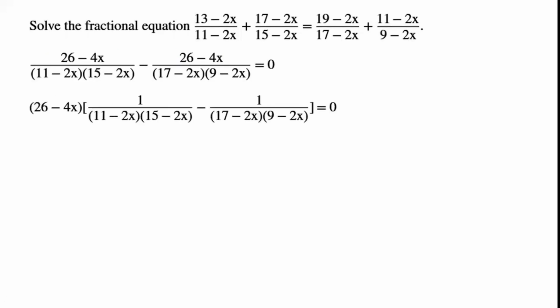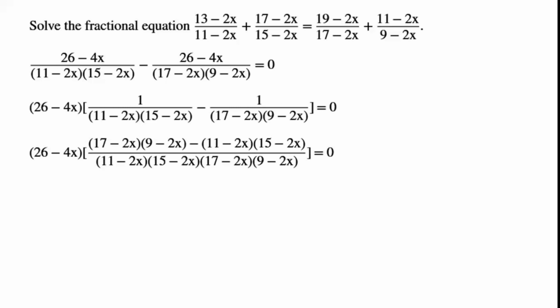We can factorize the left-hand side of the equation, so we can now write (26 - 4x) times [1 over (11 - 2x)(15 - 2x) minus 1 over (17 - 2x)(9 - 2x)] equals 0.